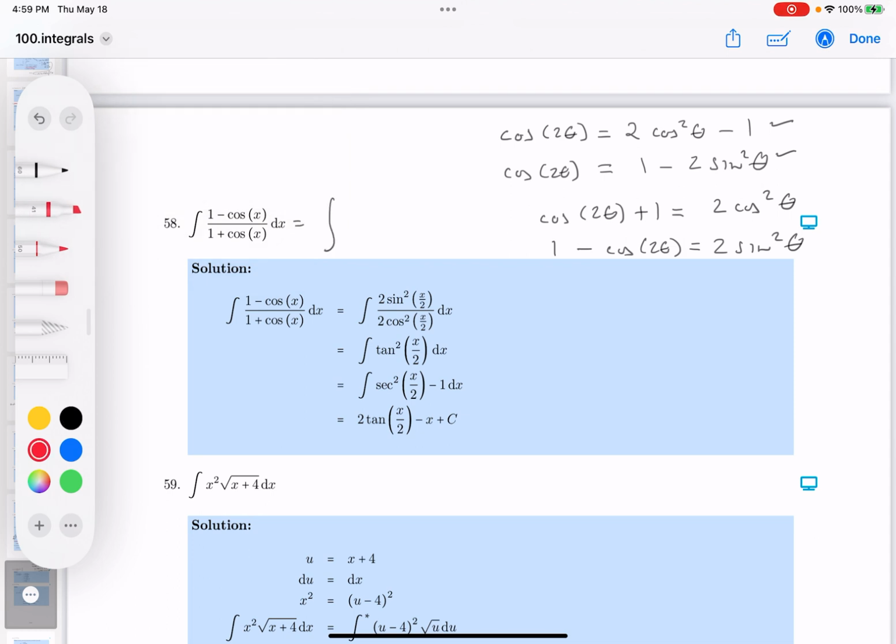And I'll outline what I'm looking at. I'm looking at this, and I'm looking at this. And what would that equal to? Well, you know, the x in that case is really two theta. So I got to write this down now. So it's going to be 2 sine squared x over 2.